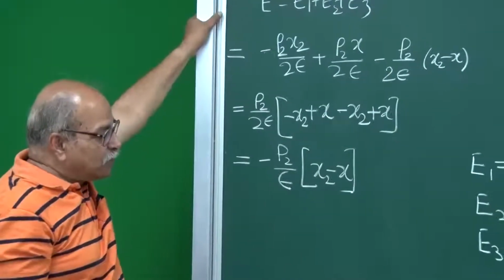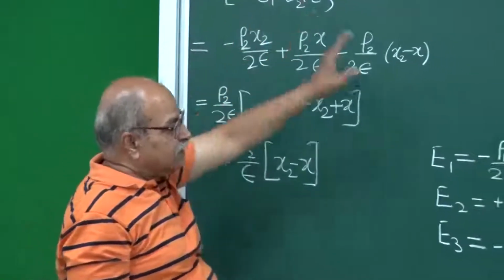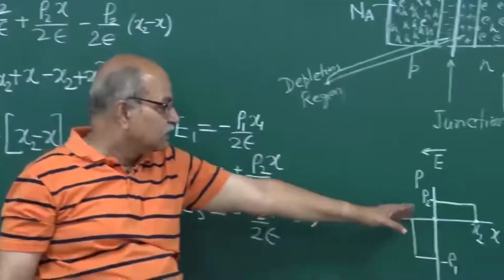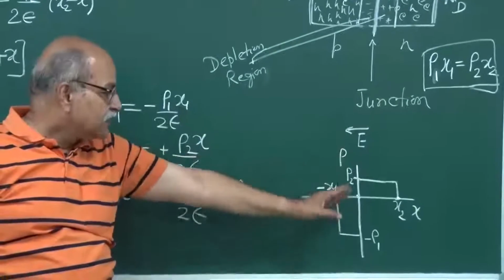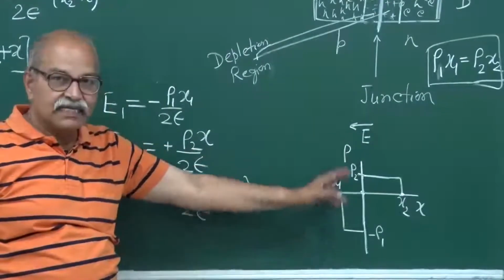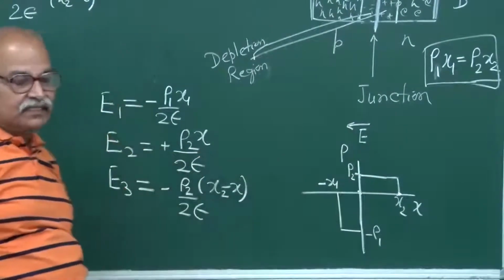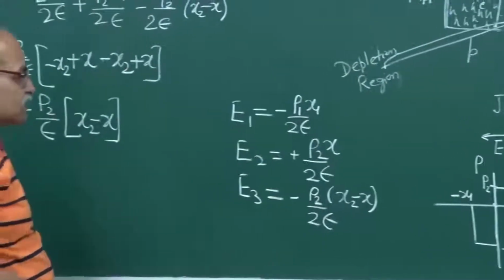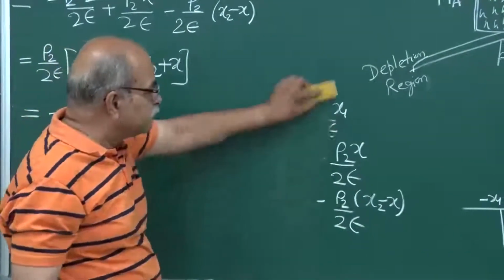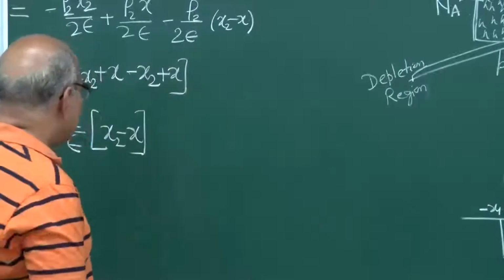So if I plot the electric field, here is the plot for charge density. If I make a similar plot for the electric field as a function of x, taking towards the right as positive, how will it look? It will be like this.